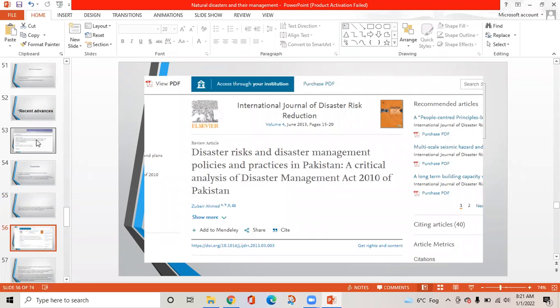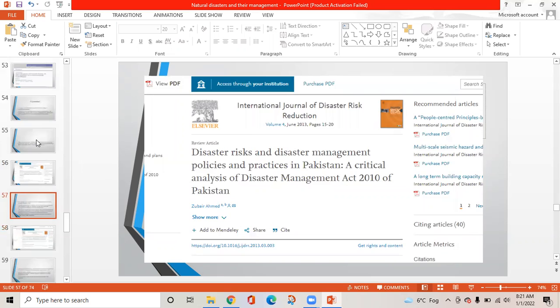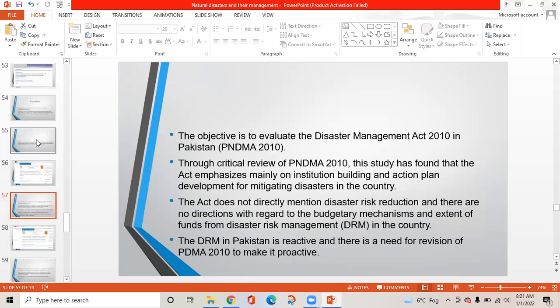Another article is on disaster risk and disaster management policies and practices in Pakistan, a critical analysis of the Disaster Management Act 2010 of Pakistan. The objective is to evaluate the Disaster Management Act 2010 in Pakistan through critical review of the Act.